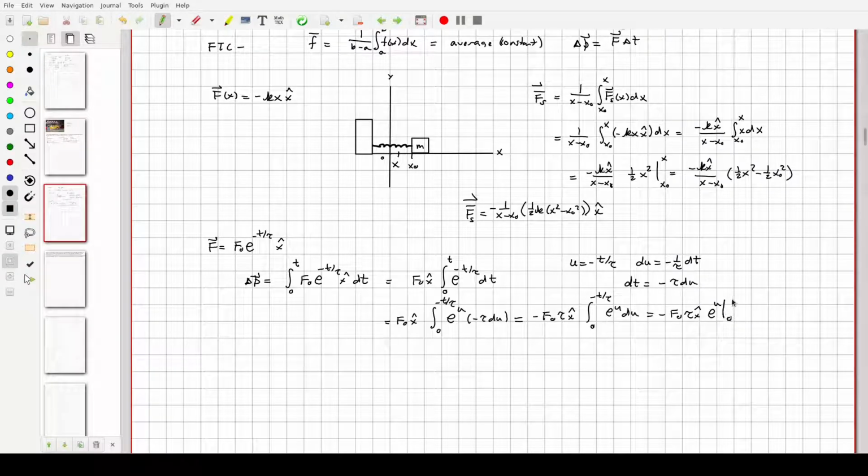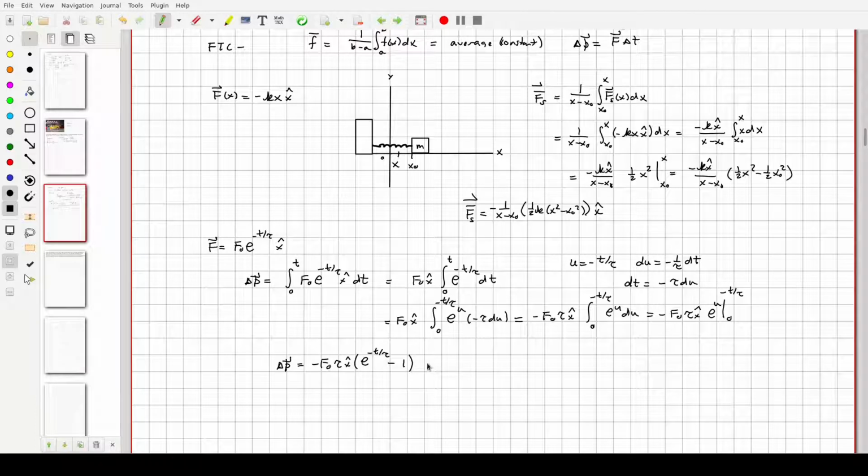Evaluated from 0 to minus t over tau. So your change in momentum in this particular situation would be minus f naught tau x hat, e to the minus t over tau, minus 1.